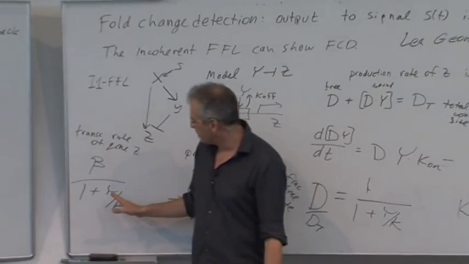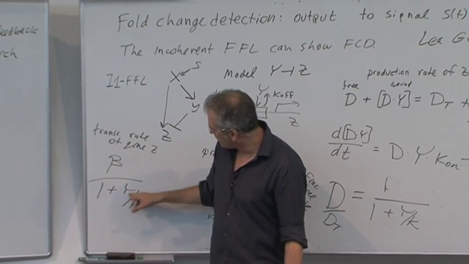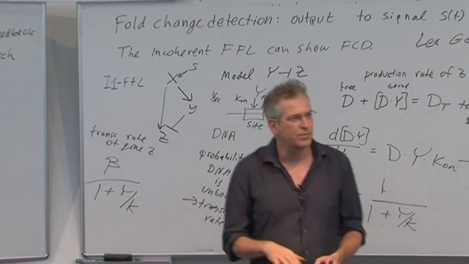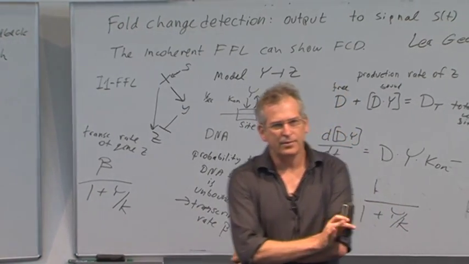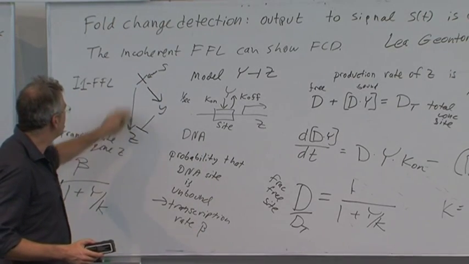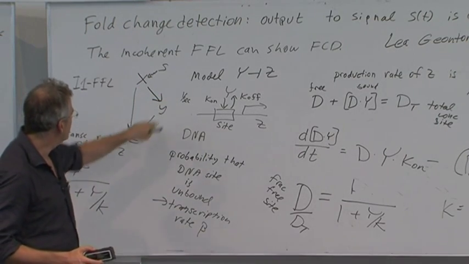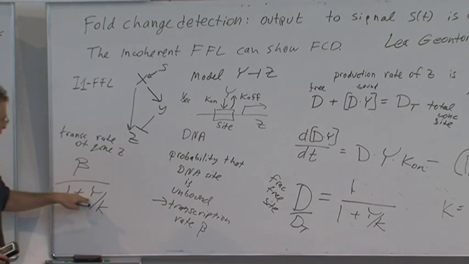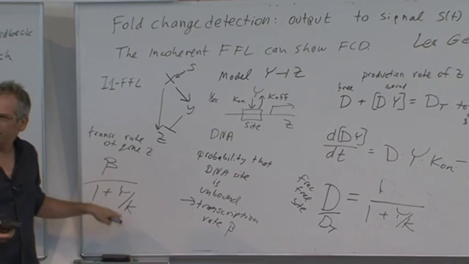This site can be bound or unbound. And this particular form has y down here, and that's going to allow us to divide things. So that's where y is the memory. When I have x, z gets turned on, y remembers x and turns z off. That's the principle. But the way it turns it off is proportional to its concentration.